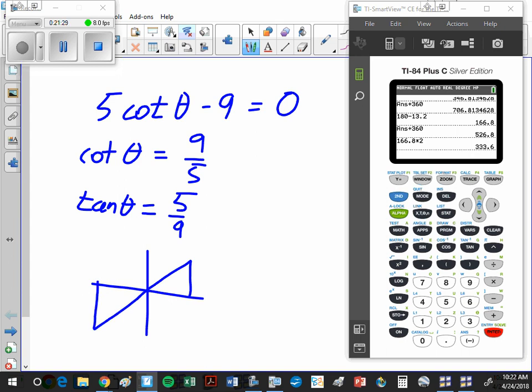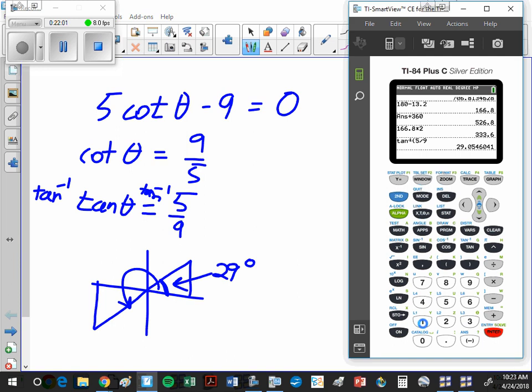Okay, so what is this angle here? It's just going to be the inverse tangent. So the inverse tangent of 5/9 is 29 degrees. Okay, so what is this angle? 180 plus 29. Will there be any others? Nope, all the others are going to be too big. So 180 plus 29 is going to be 209. That one was really easy.